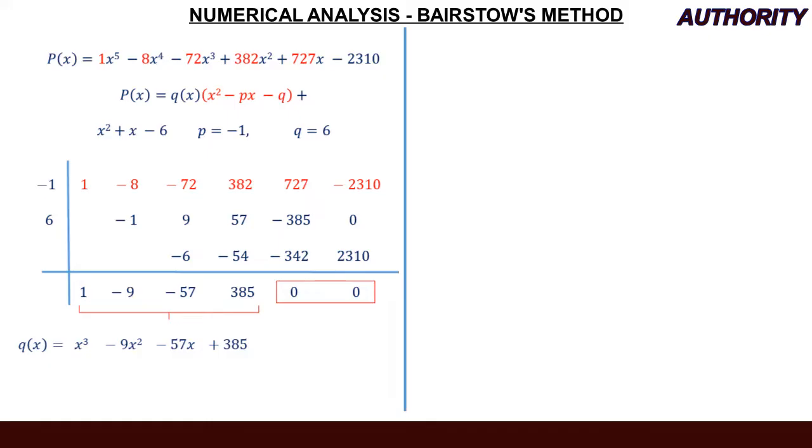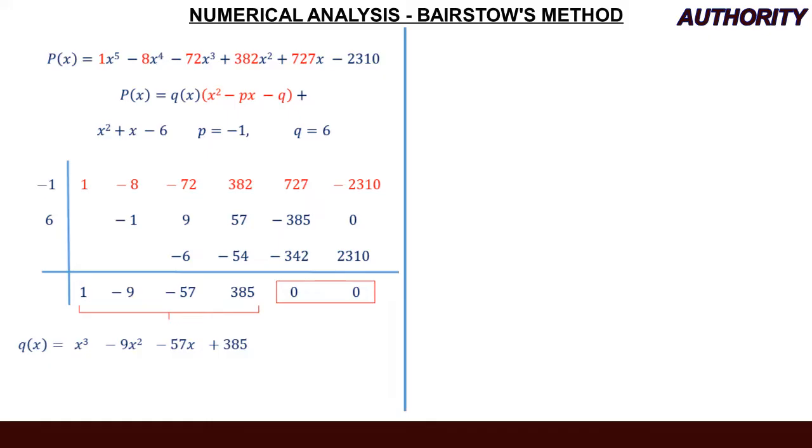Now, what do we understand by Bairstow's method? Bairstow's method is a numerical method that we can use to find the roots of polynomials of higher degrees, like from degree 3, 4, 5, 6, 7, 8, and so forth. Even though it's going to take time, you are going to find what you are looking for using Bairstow's method.